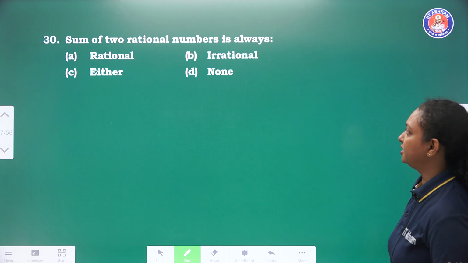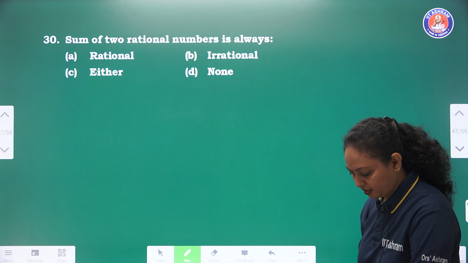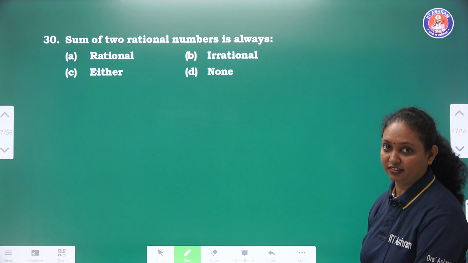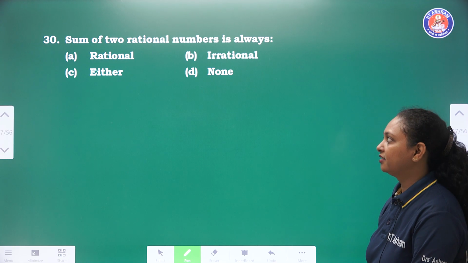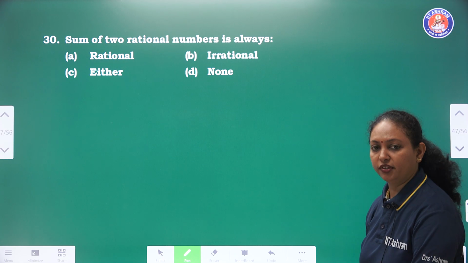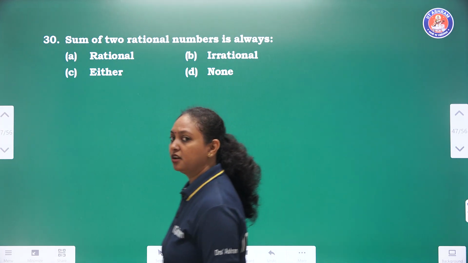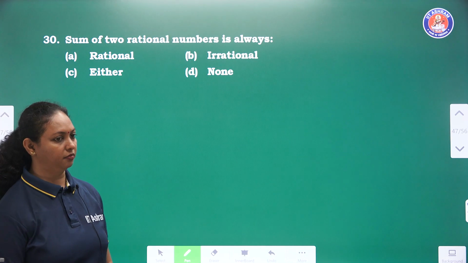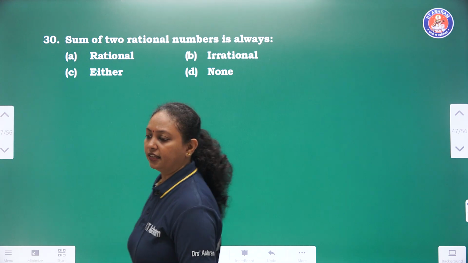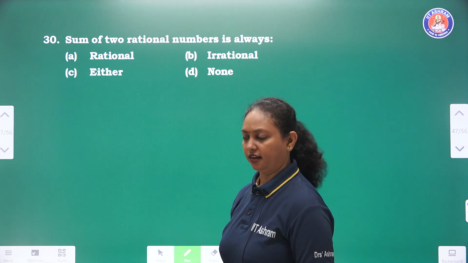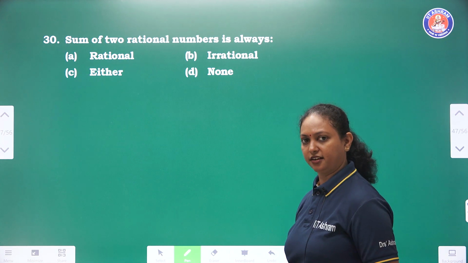Sum of two rational numbers is always, okay, so you can take any rational numbers, right, and just find that. Will you get the answer as a rational number? Definitely. It is which property? Closure property of rational numbers. Whenever we add any two rational numbers, always we will get the answer as a rational number.